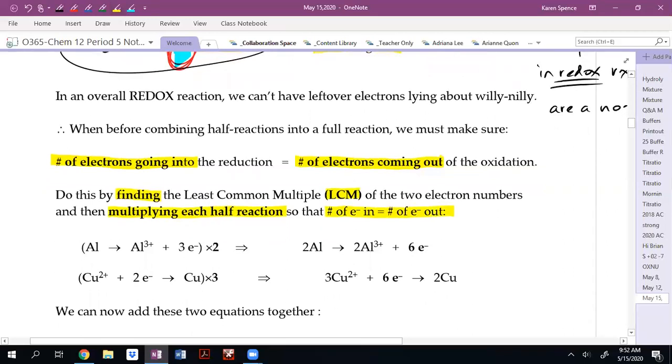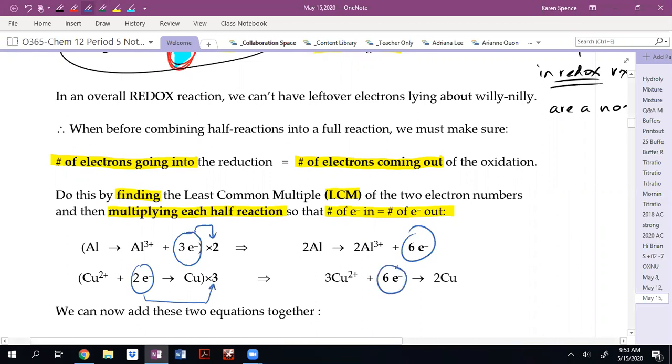So if we take a look at this one here, we have 3 electrons times 2 is going to give us 6 electrons. And if we have 2 electrons times 3, we're going to get 6 electrons.